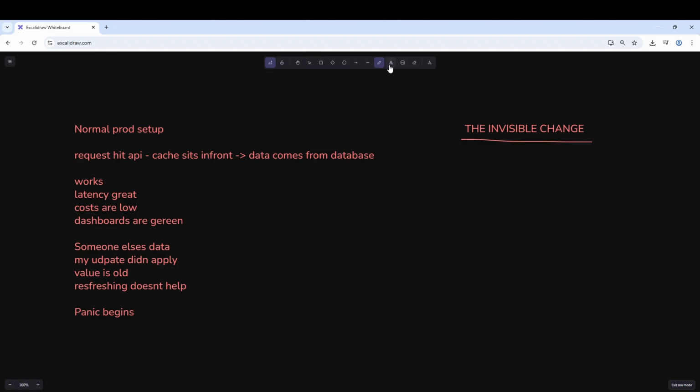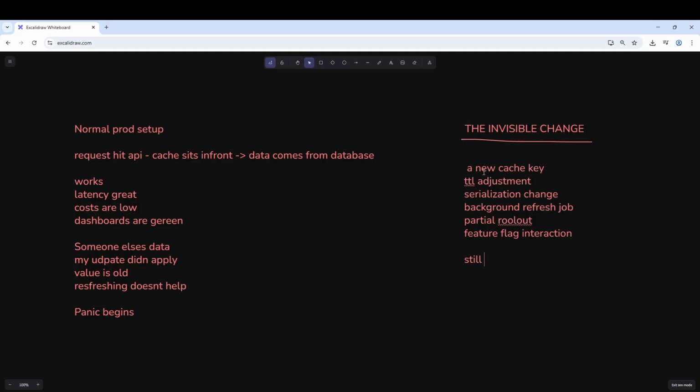Just like day 5 and 6, something changed but it's not obvious. For example, a new cache key, a TTL adjustment, a serialization change, a background refresh job, a partial rollout, a feature flag interaction.